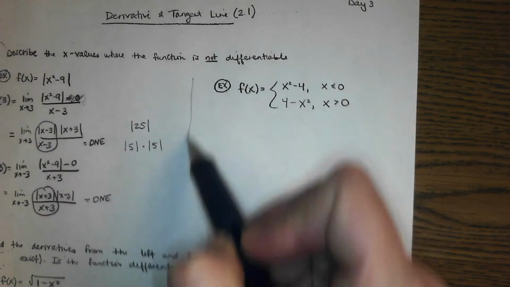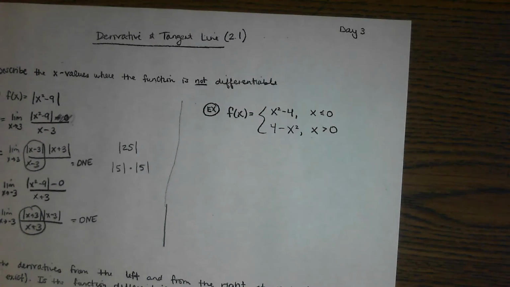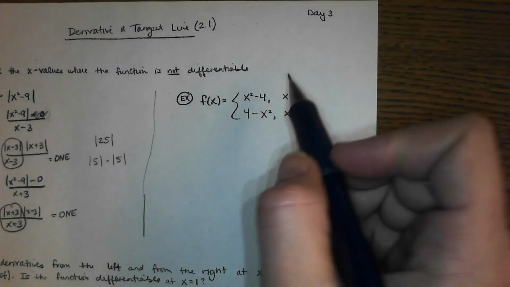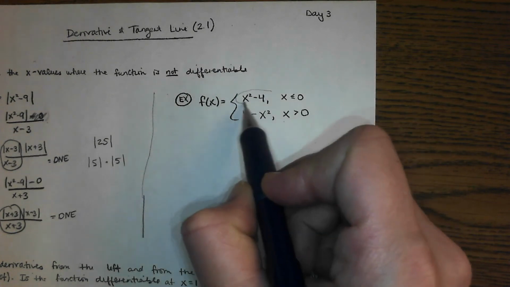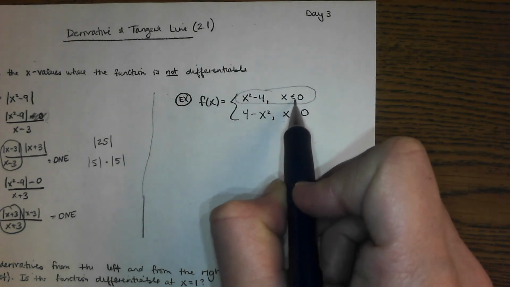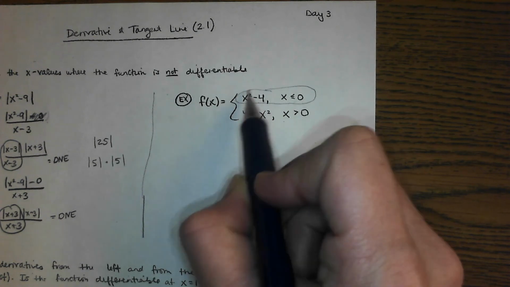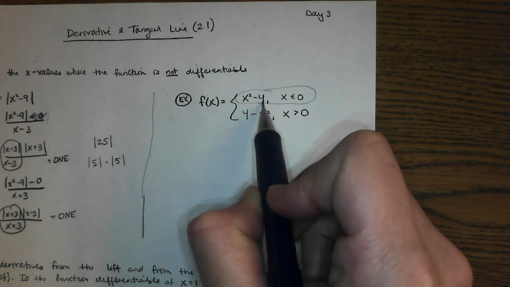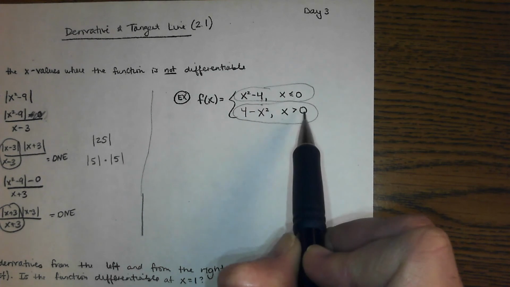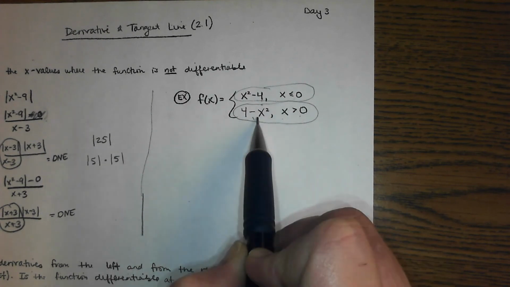All right, a piecewise function kind of changes things a bit. So wherever this graph leaves off, we can calculate what the slope at 0 on this graph would have been. And then wherever this graph picks up, we're going to calculate the slope on this graph at 0.